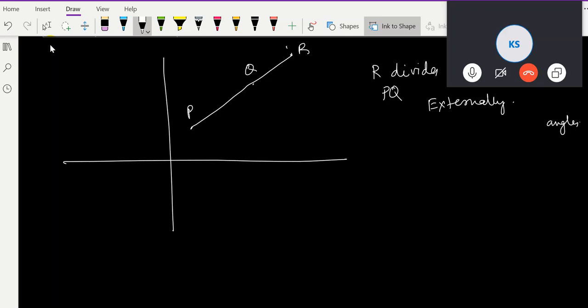Lines are infinite, so it's a point in that line that is part of the line PQ, but we don't know its coordinates.